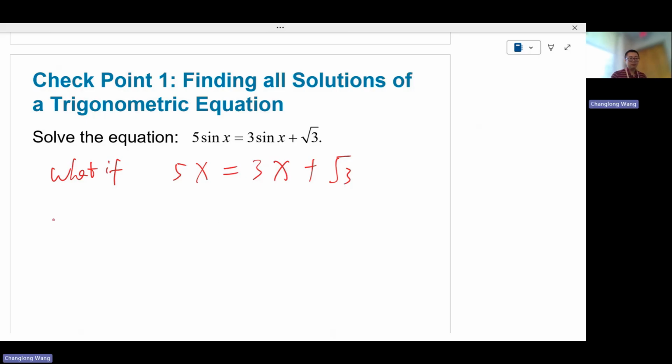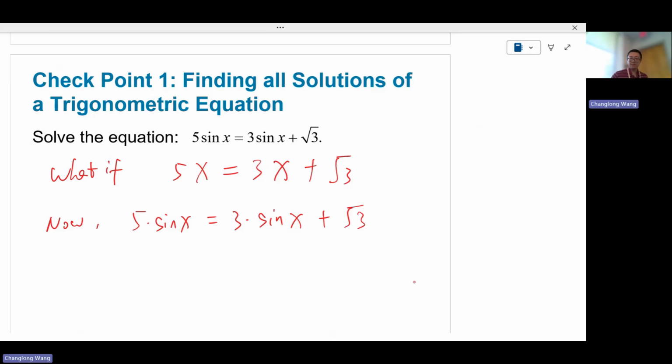But what now? We have 5 sine of x, which you don't know how much that is, equals 3 times sine of x plus radical 3.